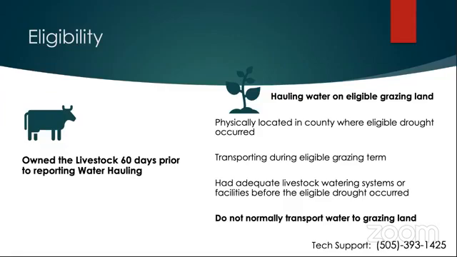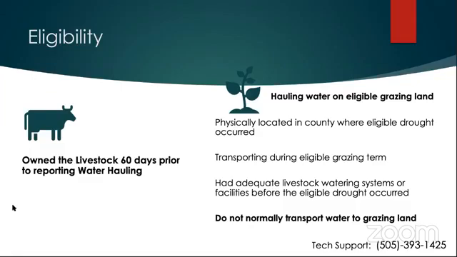So if you called me and said, hey, Lisa, I started hauling water out there in May, and you provide me with your permit, I'm going to say, well, I can't start compensating you on the water hauling until June 1st because that's what your permit says. Most of our permits in New Mexico are 365 days a year, so we don't run into this a whole lot, but we do have some permits that are not year-round. So just wanted to put that out there.